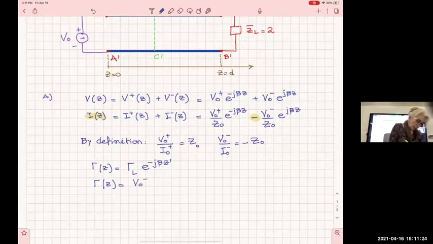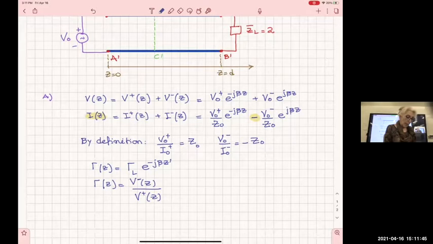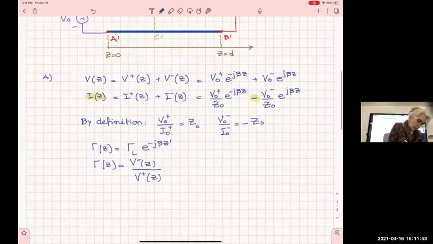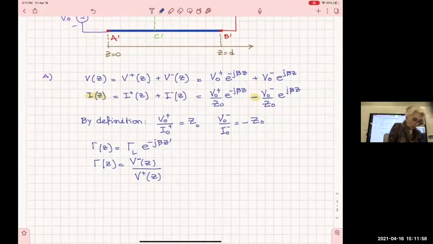V minus of Z over V plus of Z, all right, and from there also, I can find the previous relationship.